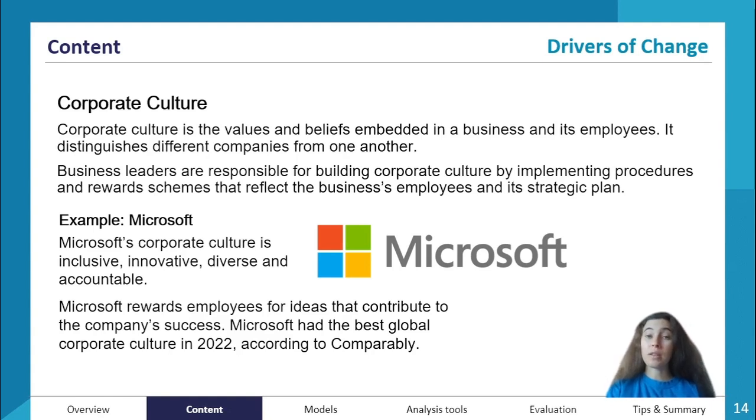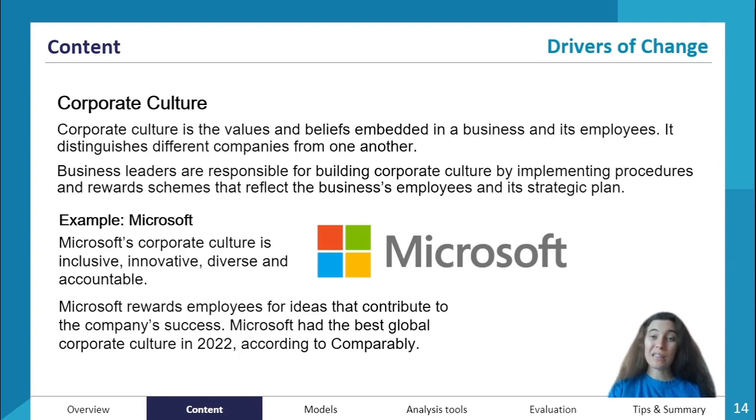If it's offering the same kind of products at the same sort of prices, then customers have little else to distinguish those businesses aside from the values and beliefs that that business has and the way that it operates based on those.